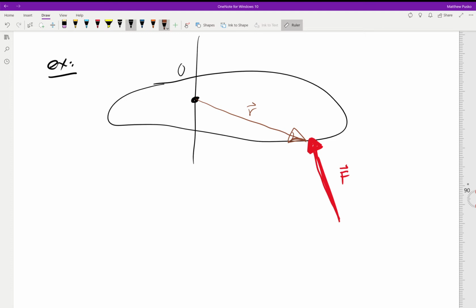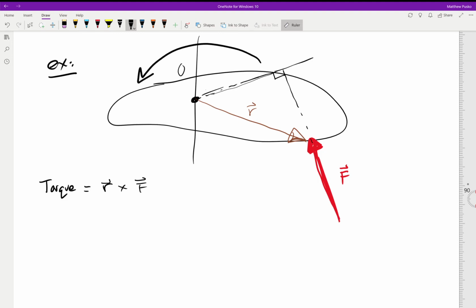Now we'll find in the future that a thing called torque, which I know you've experienced before, is equal to R crossed into F. We get back a vector, and in this case it's basically if we made a perpendicular from these two vectors, how much of that force is perpendicular to this arm right there, and that will cause what's called a moment or a torque around this axis of rotation.